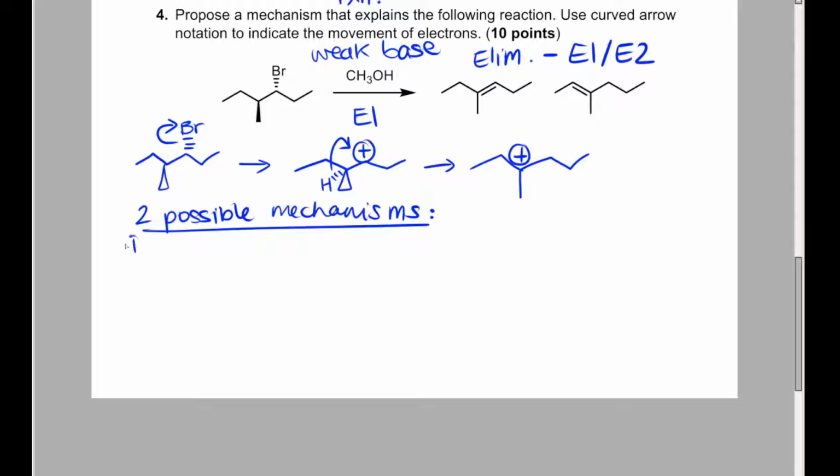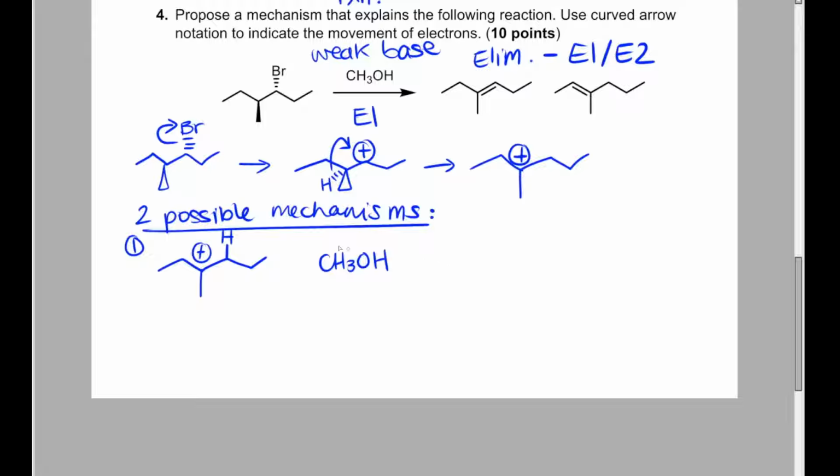So the first possibility is that we have this molecule with the carbocation on this carbon with the methyl group, and the hydrogen that's going to be reacting with this weak base is on the right side of this carbocation. Remember that the hydrogen always has to be on the other side compared to this methyl group that the carbocation is involved in.